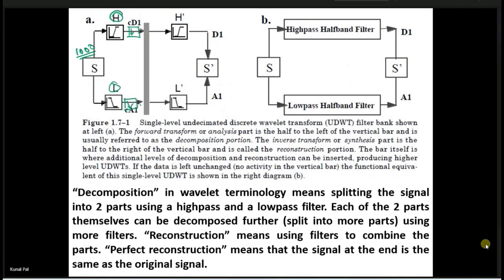Because of this, the approximate coefficient would have a signal length of 500, and the detailed coefficient would also have a signal length of 500. In the previous case, the undecimated one, where there was no decimator, both the approximate and the detailed coefficients would be of the same length.